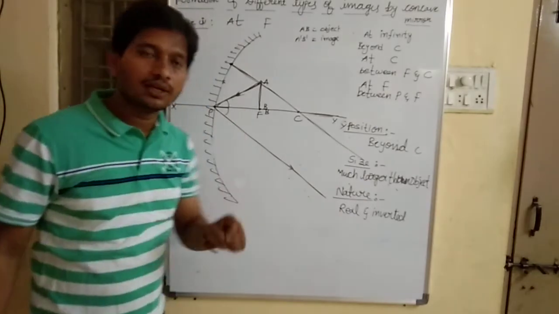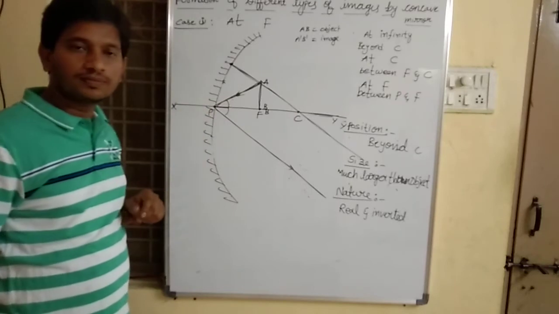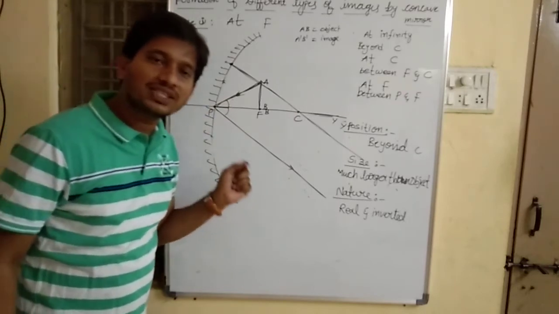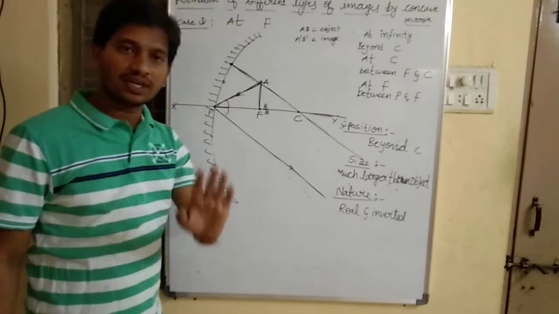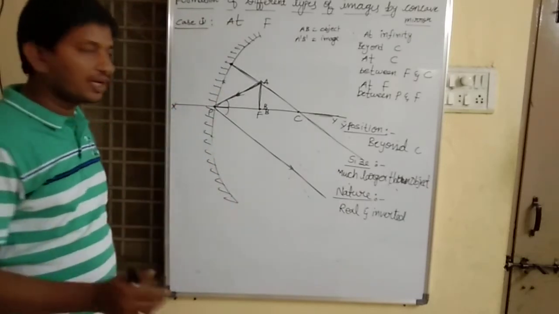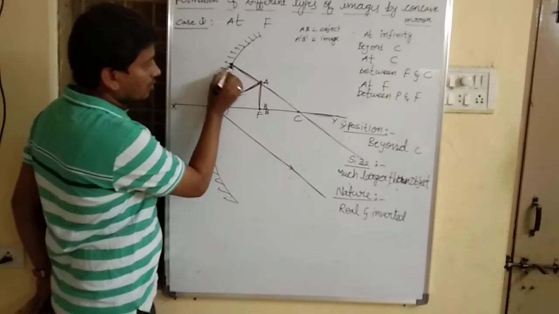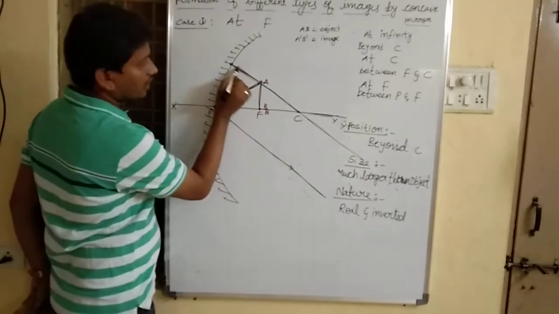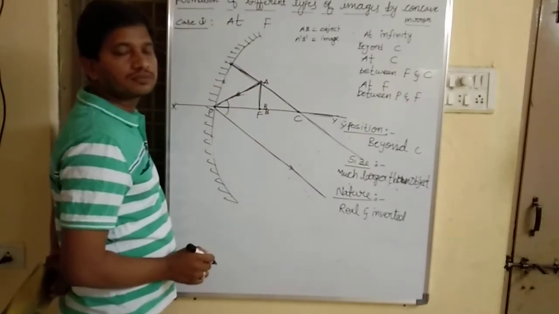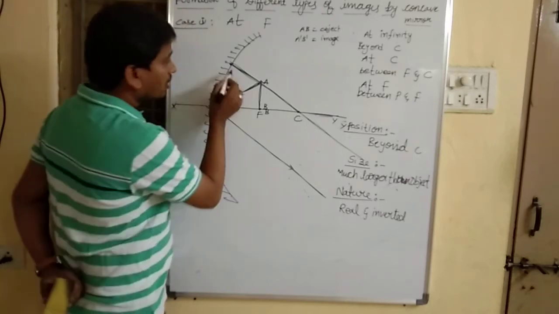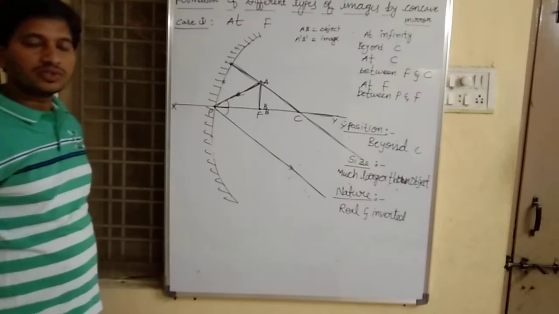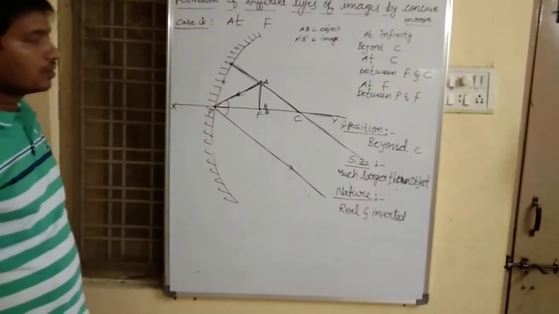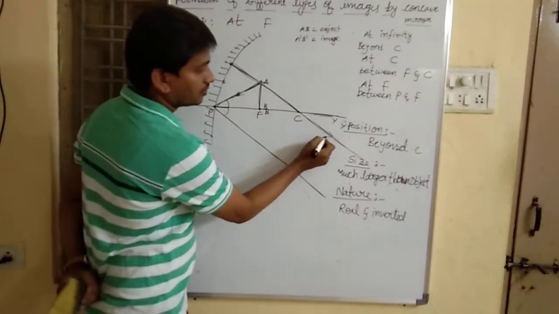The first ray, which is incident at the pole, after reflection makes the same angle with the principal axis. This is our first reflected ray. Clear? The second ray, which is coming through the center of curvature, after reflection comes along the same path but in the opposite direction.